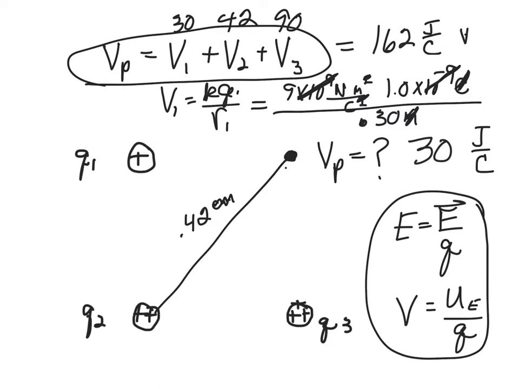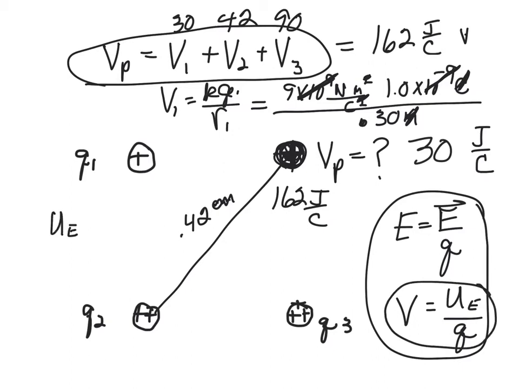Okay. Now, if we put a charge here, this is the easy part if you know what to do. If we put a charge here, it's going to have energy, right? There's 162 joules per coulomb of potential associated with this point. So to get the energy at this point when a charge is there, we simply use this equation, that the energy is going to be the charge times the potential.